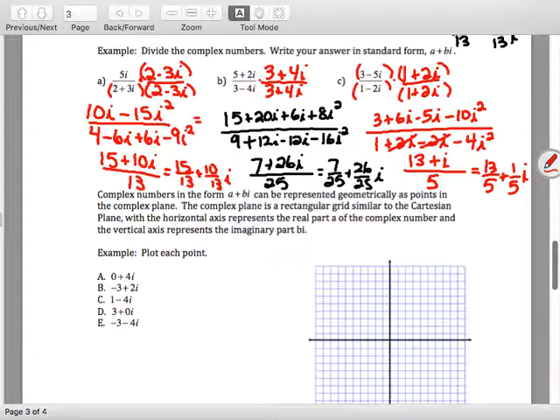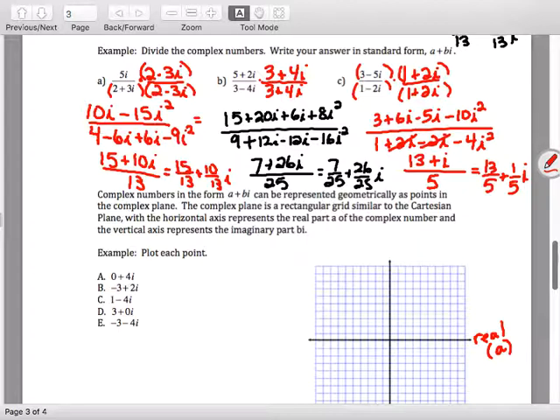All right, so the next topic is you can actually graph complex numbers. And it's going to look like we did our coordinate grid, but what we're going to do, I want you to write beside the x-axis. It's not going to be the x-axis. This is going to be the real part, or the a.